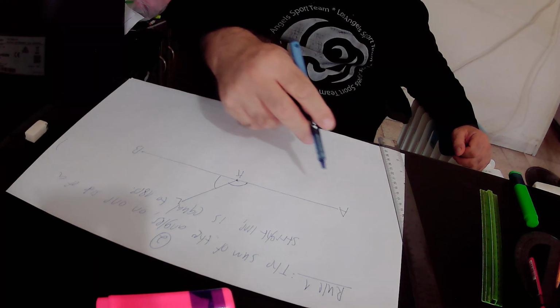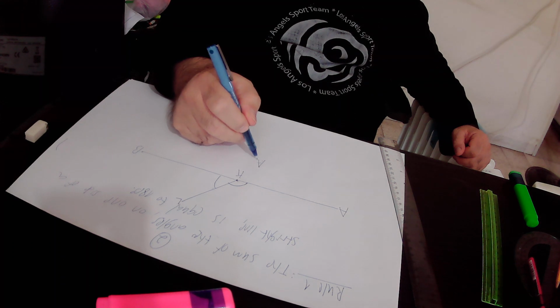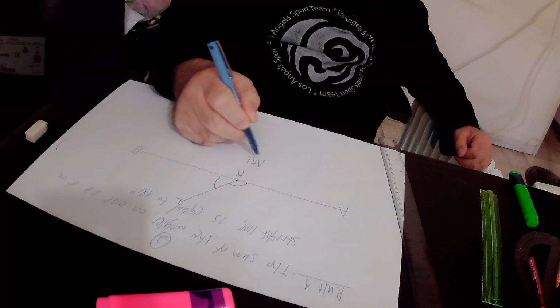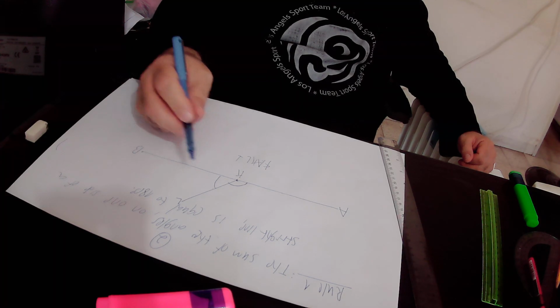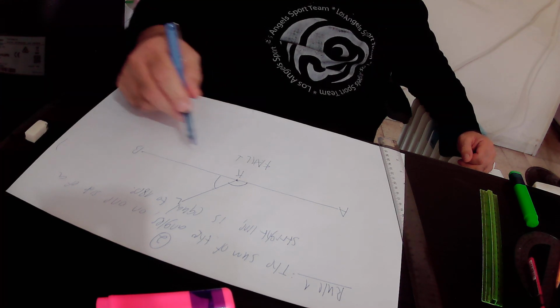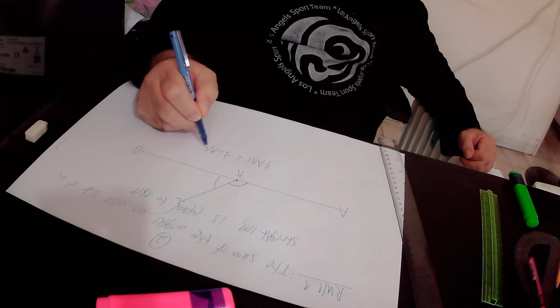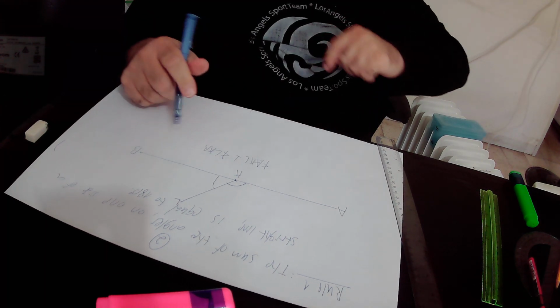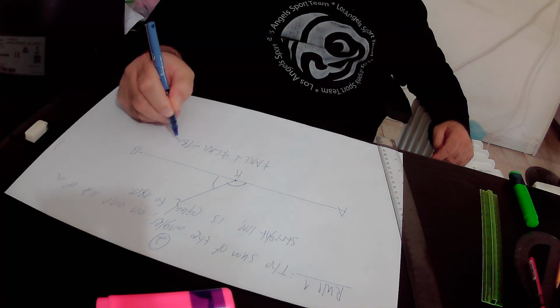This angle is actually angle AKL plus this angle, which is actually angle LKB. So in total, the sum of those two angles must be equal to 180 degrees according to rule number 1.